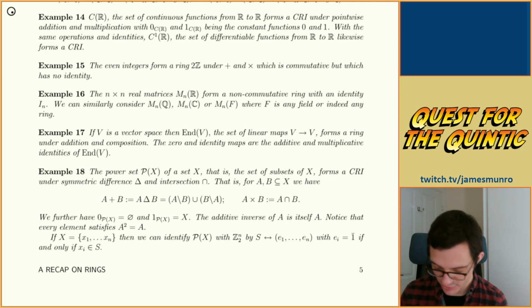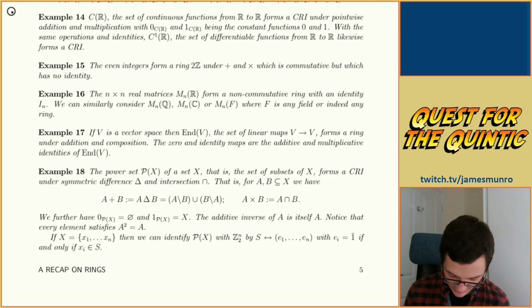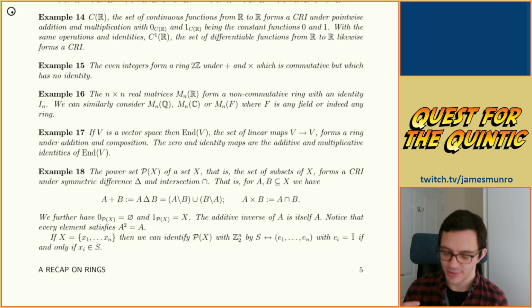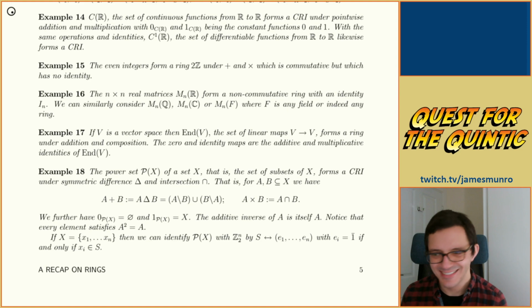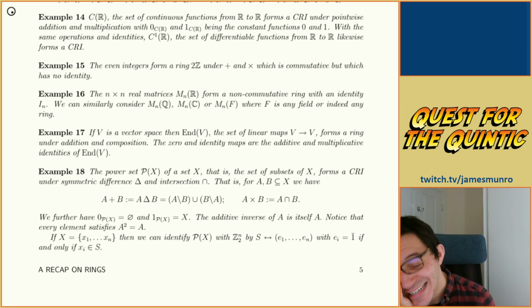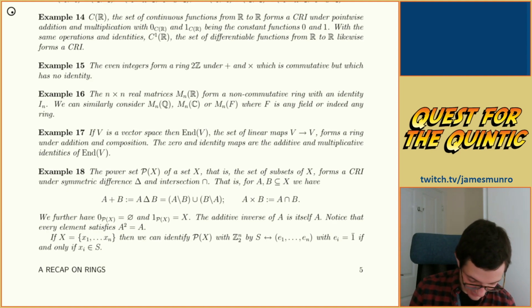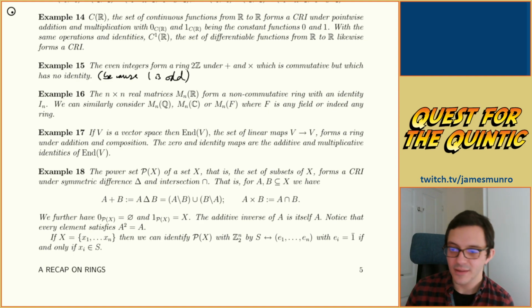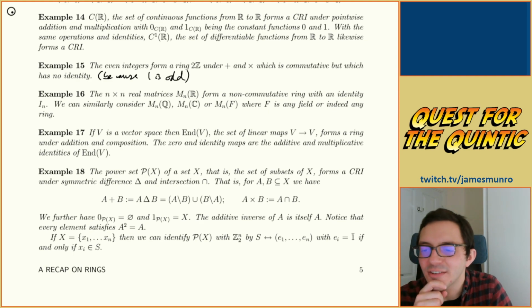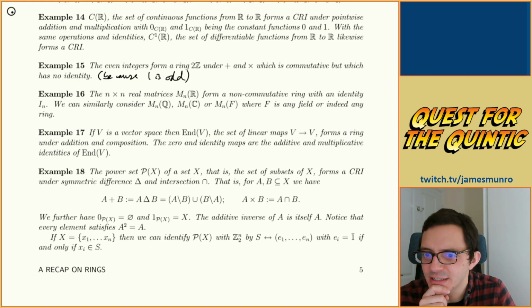There's nothing you can multiply 2 by to get 2 in the even integers, because 1 is an odd number. It's funny how understanding it takes you to some odd places, because 1 is odd. Okay, good. So that's a ring with no identity. Hopefully I don't care too much about those.